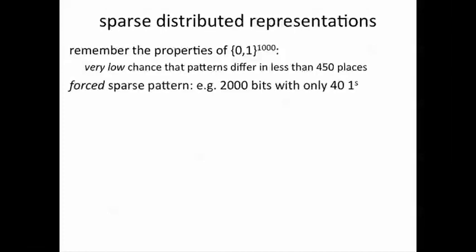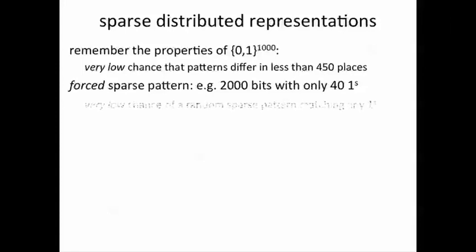Now consider special types of patterns. This time we'll take 2,000 bits because that's the example that Jeff Hawkins uses in his lecture. So we have a pattern of 2,000 bits, but it's forced to have only 40 ones. So only 2% of these bits are ones, and we force that in a particular way, which we'll describe shortly.